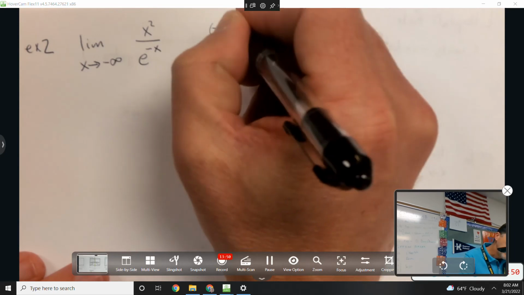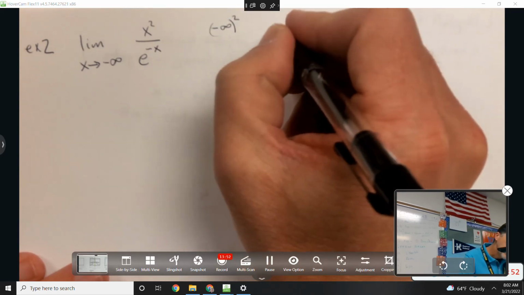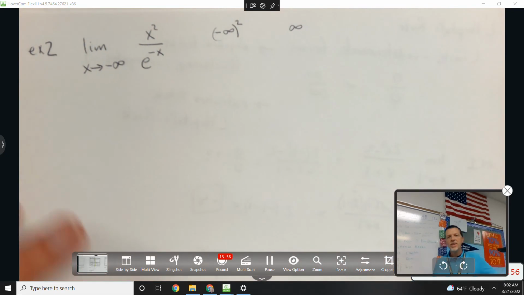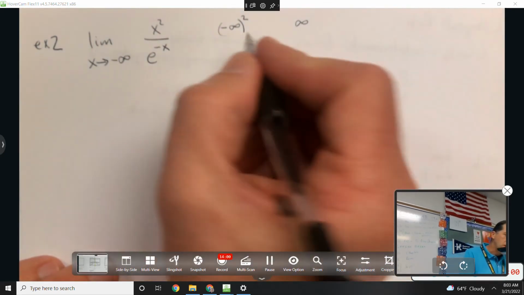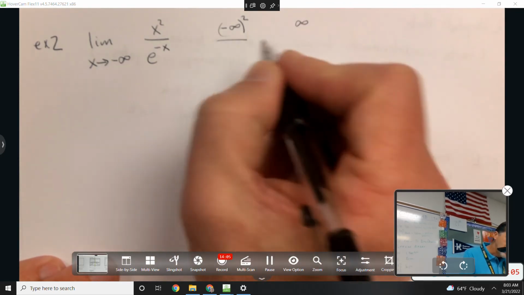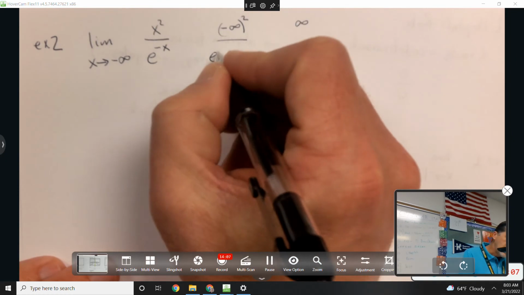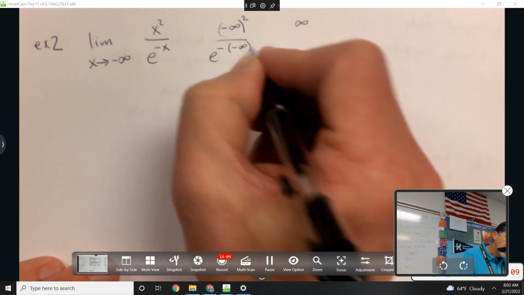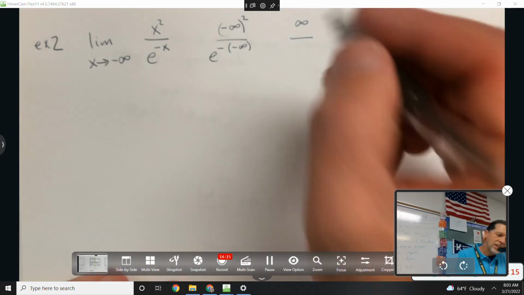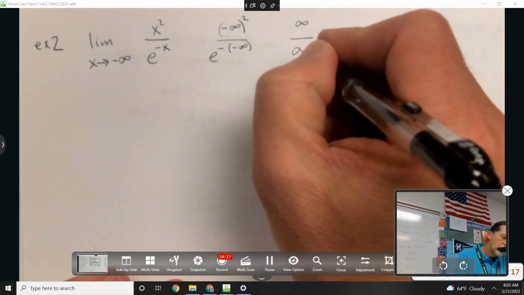So negative infinity squared, that would be positive infinity. Again, I'm hesitant to put the equal signs on yet. E to the negative infinity, that would be e to the positive infinity, which would be a really big number.